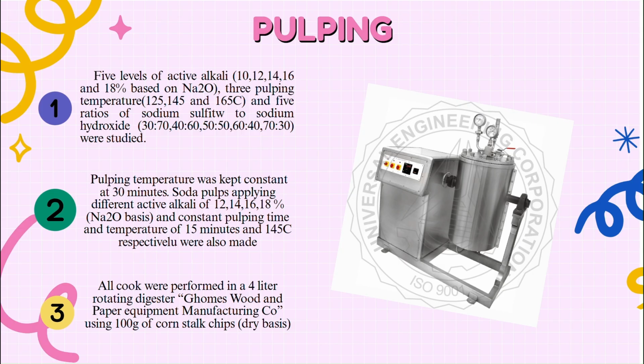Soda pulps applying different active alkali of 12, 14, 16, 18 and constant pulping time and temperature of 15 minutes and 140 Celsius respectively were also made. Next, all cooks were performed in a 4-liter rotating digester, Worms Wood and Paper Equipment Manufacturing Co., using 100 gram of corn stalk chips.